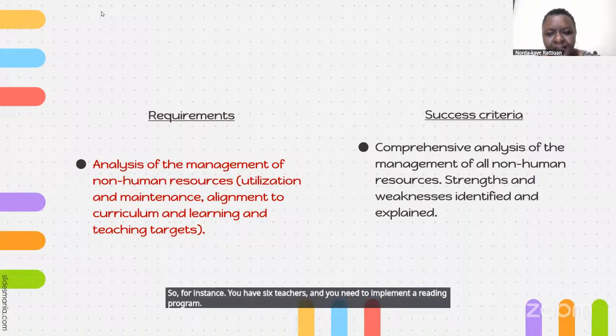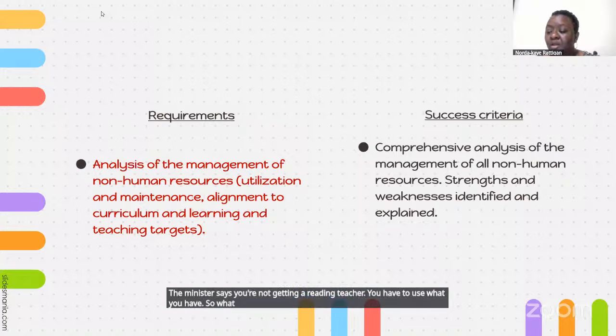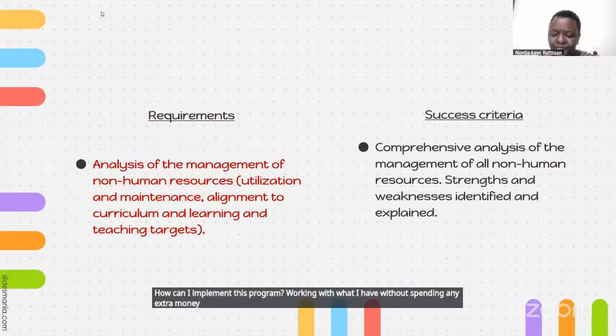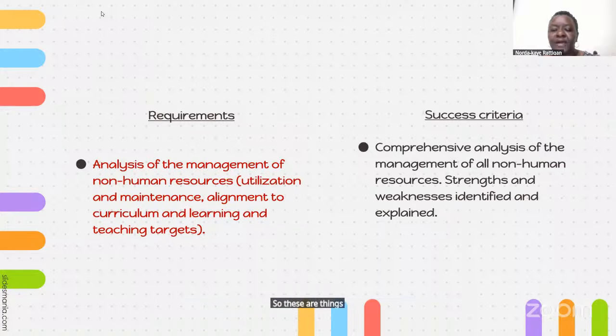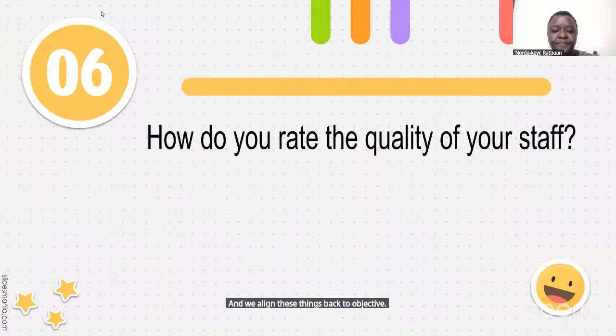The ministry says you're not getting a reading teacher. You have to use what you have. So what do you need to do? You need to retool your teachers, because these are your human resources. How can I implement this program working with what I have, without spending any extra money or breaking the bank? These are things that you look at when you're evaluating. And we align these things back to objective number 9.